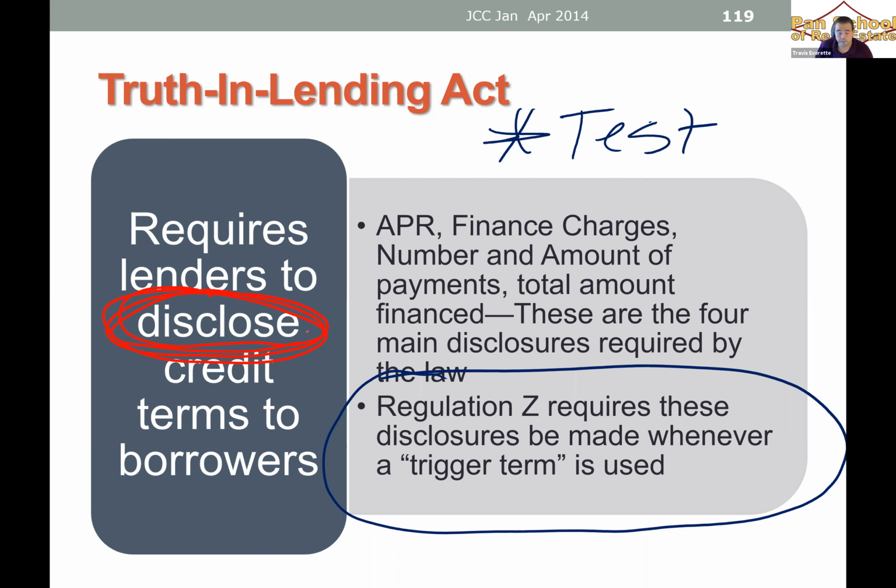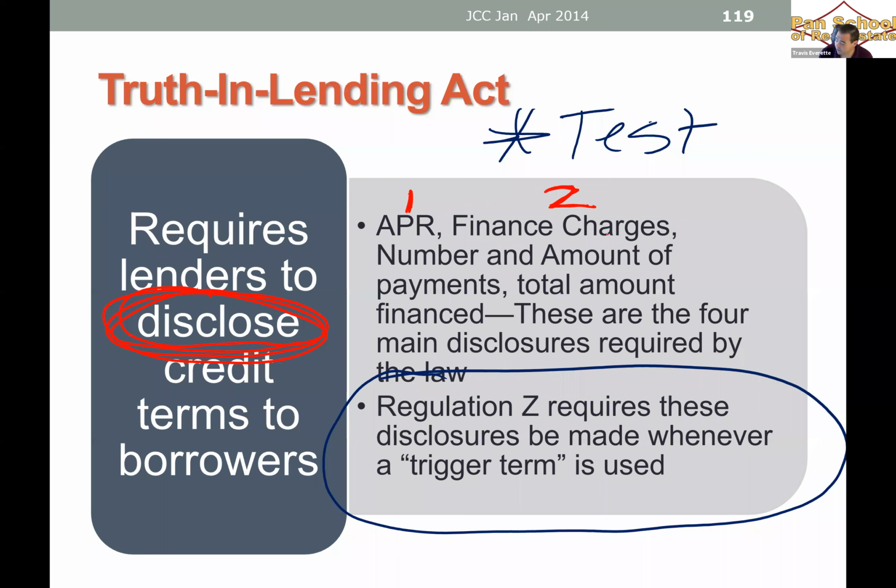And so basically, Regulation Z of the Truth in Lending Act says there are four things that every borrower should be told about their loan if you're going to advertise to them and say, hey, come get a loan with us. Number one, what's the APR, the annual percentage rate of that loan? Number two, what are any of the finance charges you are charging, like origination fees or anything like that? Any finance charges that you're going to assess, what are those?